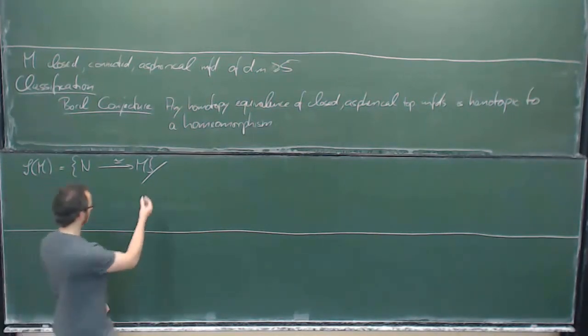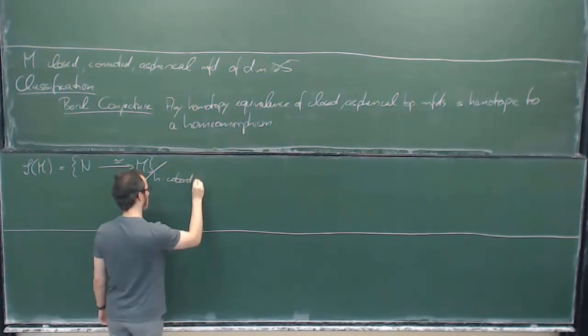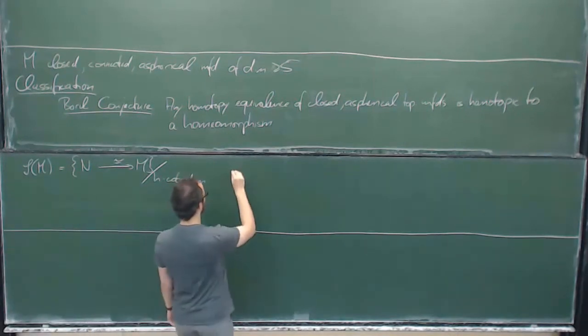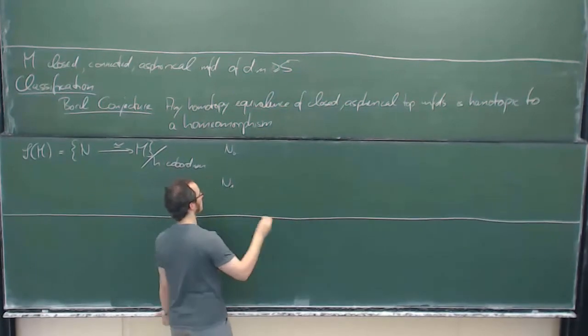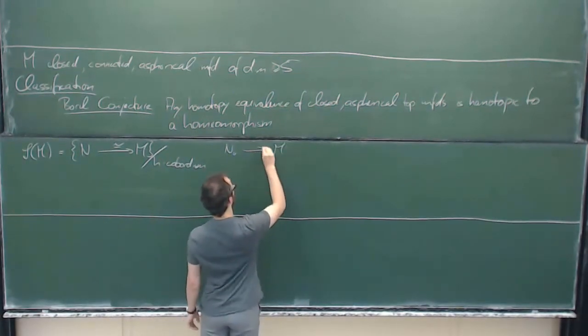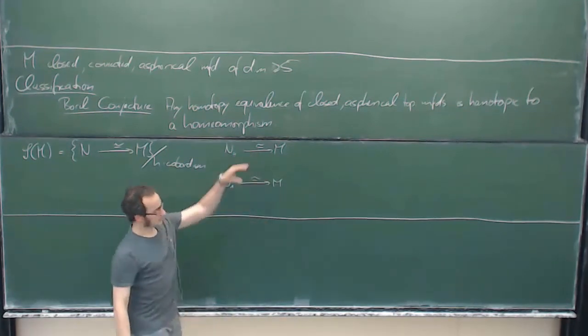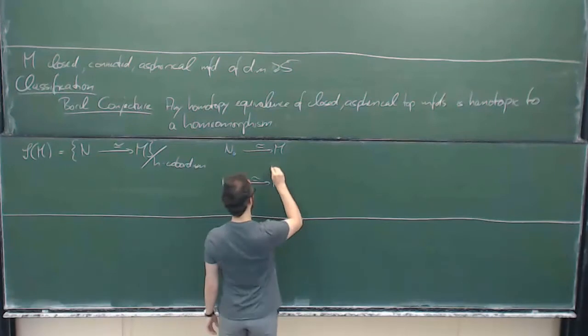And the correct way to approach this when I say homotopy equivalence here is to mod out the following equivalence relation. I identify two such things if they are h-cobordant, in the sense that I have two such manifolds, N0 and N1, together with a specified homotopy equivalence to M. And then on the right-hand side, I can just take the trivial h-cobordism over M, which is just a cylinder.